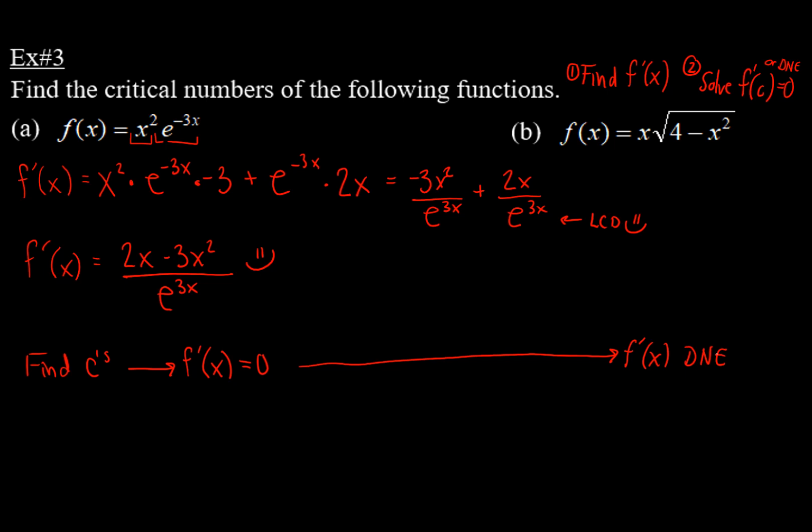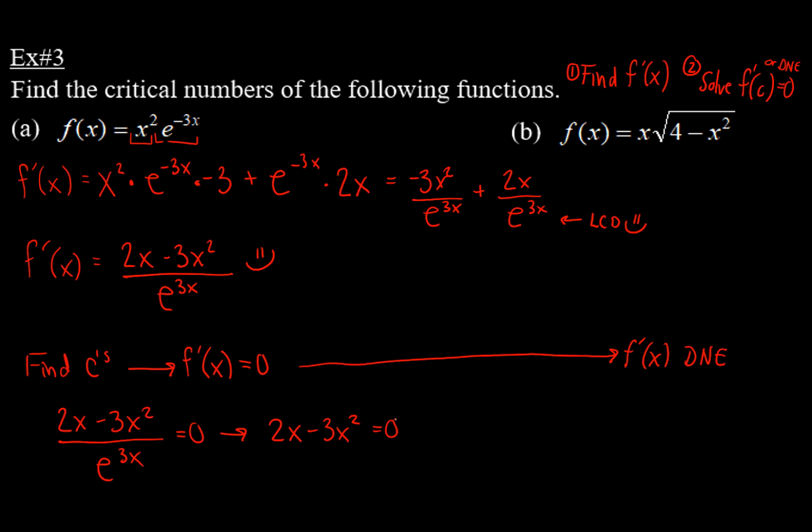All right, so taking this function here, I'm going to set this equal to 0. This happens when my numerator is equal to 0. So that's what I'm going to solve.